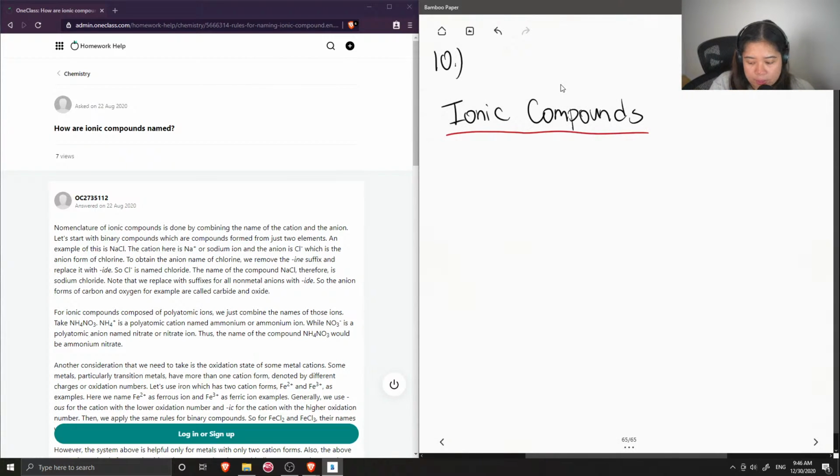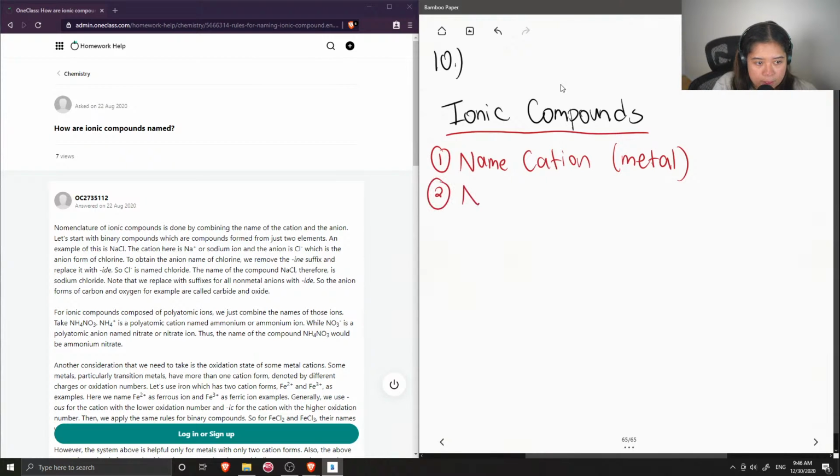It's pretty simple to name ionic compounds. First, you name the cation, which is your metal. And then you name your anion, which is the nonmetal.